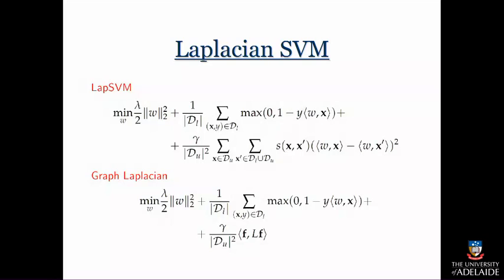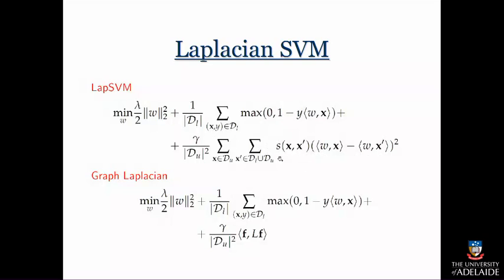So the first two terms represent the standard supervised support vector machine. For this Laplacian support vector machine, we have the third term, and this term is constructed using the unlabeled data, using the graph we just constructed in the first step. It's pretty straightforward and easy to understand.